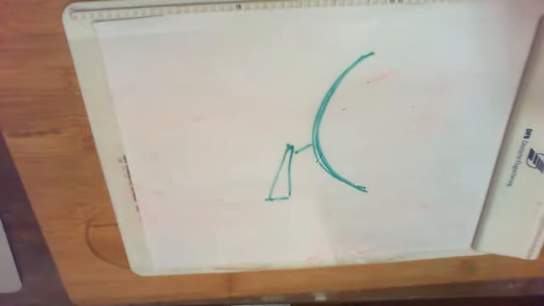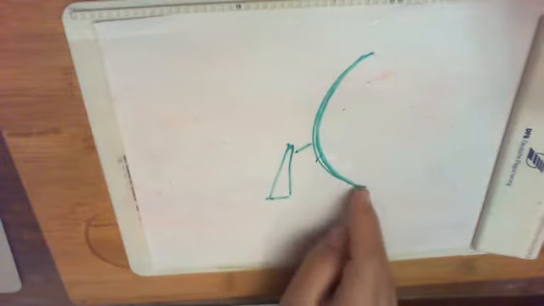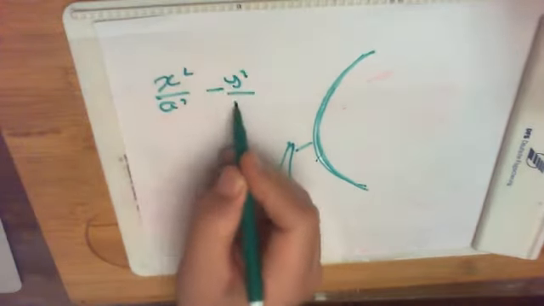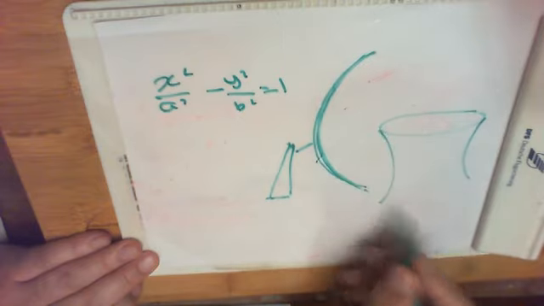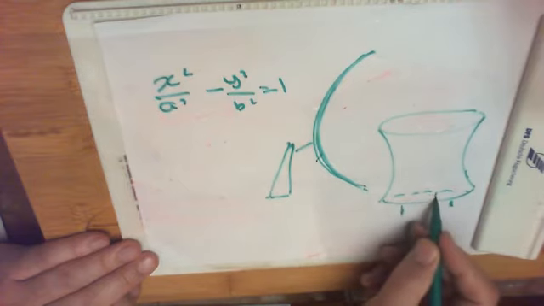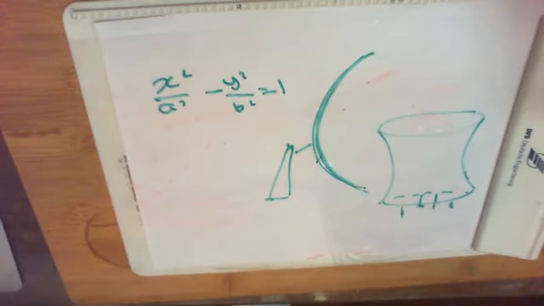If you have a cross section of this dish, you will have a hyperbolic graph, or the hyperbolic function x squared over a squared minus y squared over b squared equals 1. Similarly as in case of cooling towers in nuclear stations. Okay? As you know, these towers must be very near to some river to have a permanent source of water.